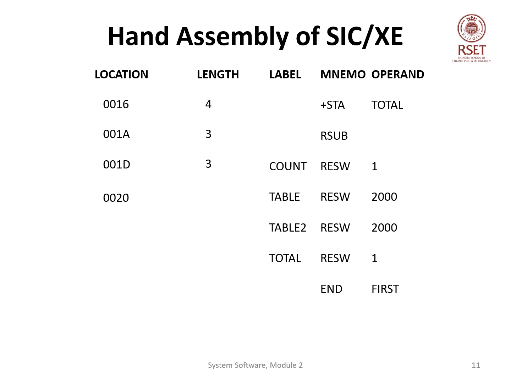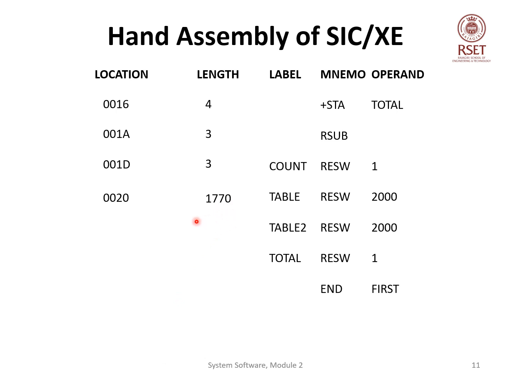Now, TABLE RESW 2000. So what would be the size? According to our algorithm, RESW will reserve as many words as described after it. So 2000 times 3 bytes would be reserved, that is 6000 bytes. So instead of writing 6000 bytes as length, we have to write it as 1770. This is nothing but 6000 in hex.